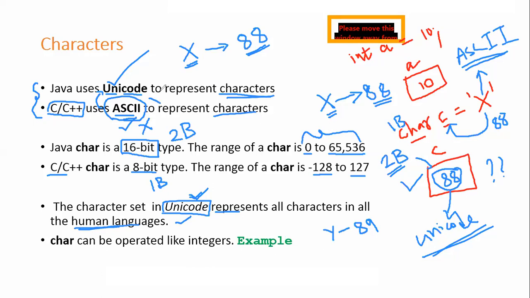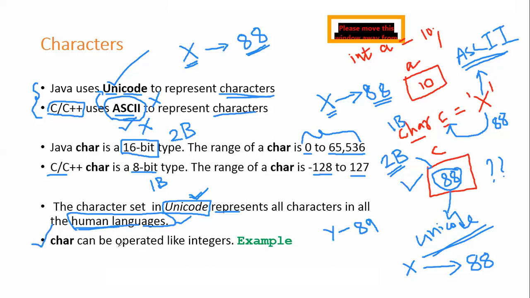That is not the case with ASCII, where probably we can represent only English, or perhaps some other language, I am not sure. But with Unicode, we can represent any language. Every character has a corresponding Unicode value, and let us assume the Unicode value of X is 88.